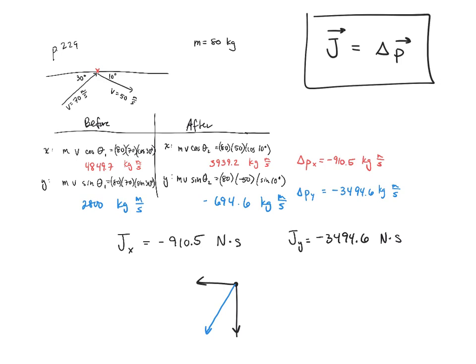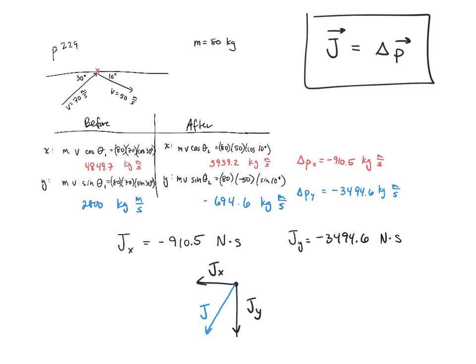So how could we figure out that length in blue? How could I figure it out? Yeah, it's just Pythagorean theorem. Jx and Jy. Okay, we're looking for the overall magnitude of the impulse itself. And we could figure out the angle as well.